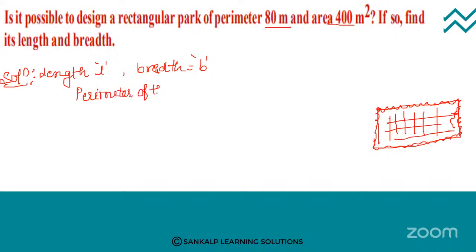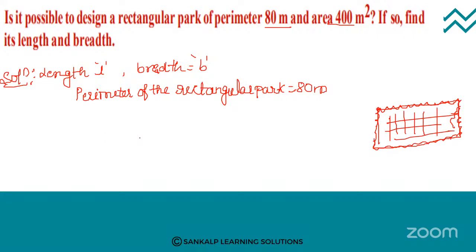Perimeter of the rectangular park is 80. Right. So now tell me the formula to find out the perimeter of the rectangle.